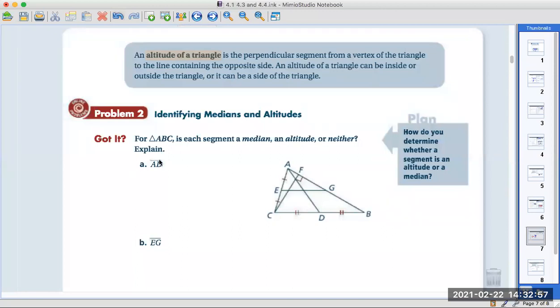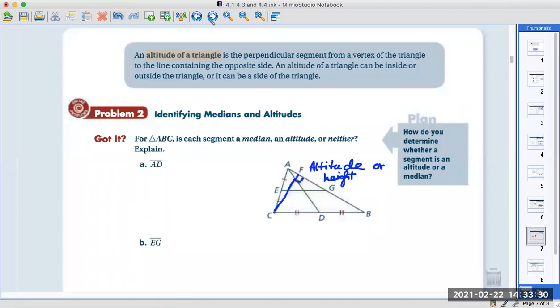So this right here, I'm just showing you, not a big deal, is called the altitude or height. That comes in when you find the area, you have to multiply the base times the height divided by 2, and that gives you the area. So that altitude starts in one corner, is perpendicular to the opposite side. Okay, just to show you.